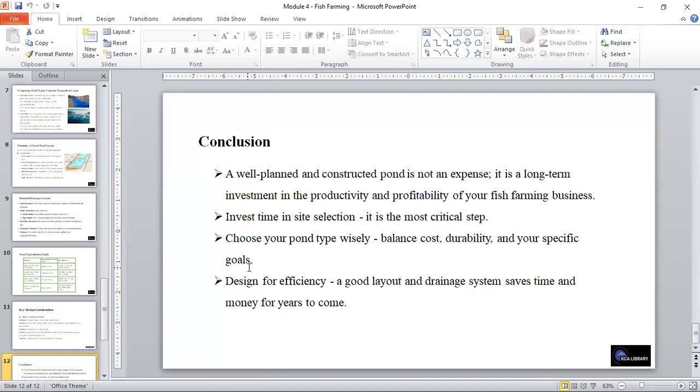Choose your pond type wisely. When you do this, you'll be able to balance cost, durability, and your specific goals. And in total, design for efficiency. A good pond layout and drainage system saves time and money for years to come.